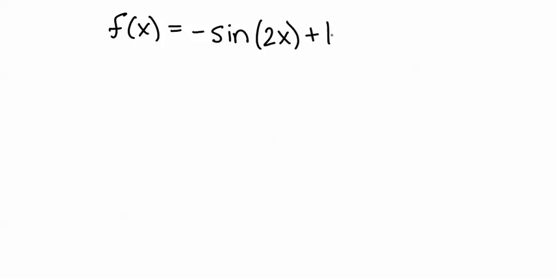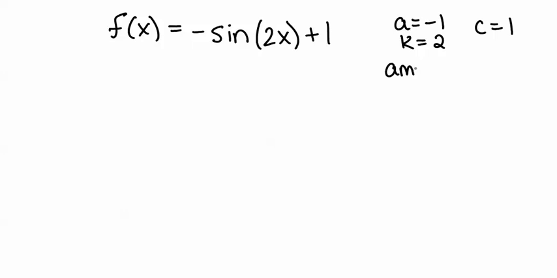Okay, so say we had f of x equals, let's just do negative sine of 2x plus 1. So we've got an a value of -1, we've got a k value of 2, and we've got a c value of 1.